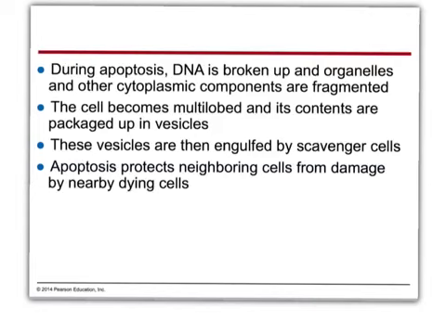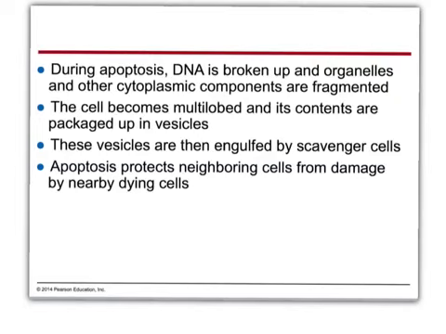Enzymes get released, organelles get broken down, DNA gets cut up in what we call ladder chunks, in successive chunks, about 100 base pair chunks, which eventually will be broken up. The cell becomes multi-lobed. Everything gets packaged up in vesicles.